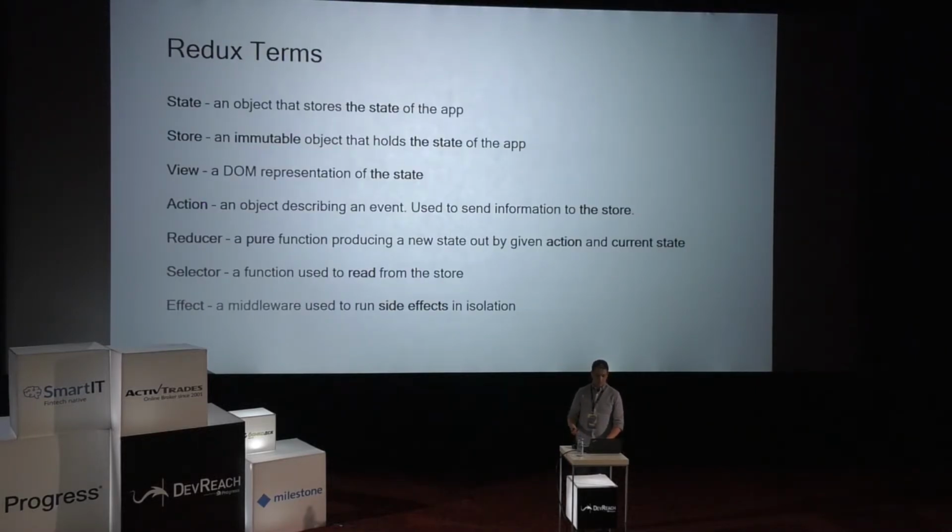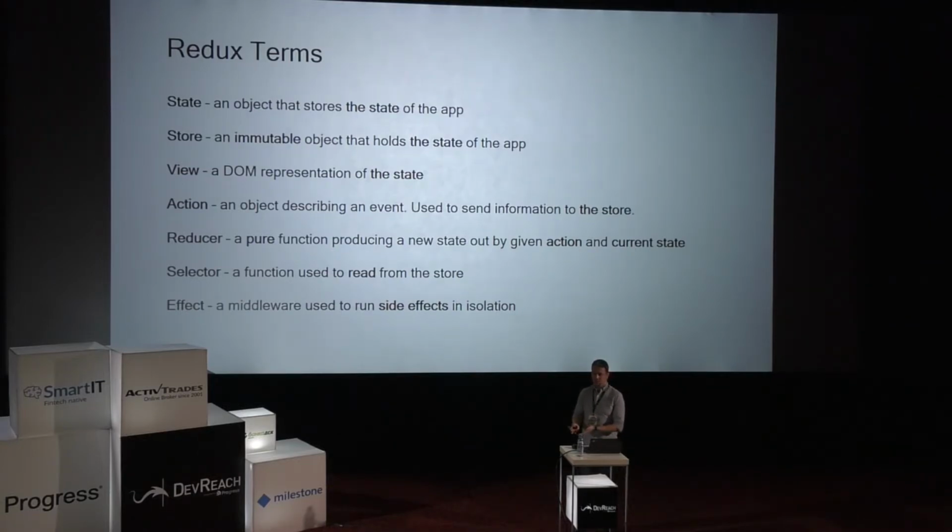So some terms. The state is a simple JavaScript object which holds the application data structure. So we can store the data in the state in order to display it in our components. And it's also important to have a single store, because we can have multiple mutation sources.